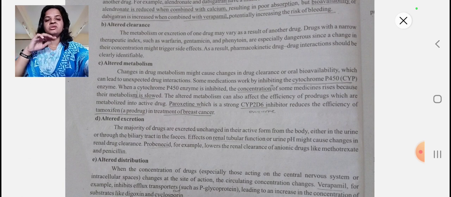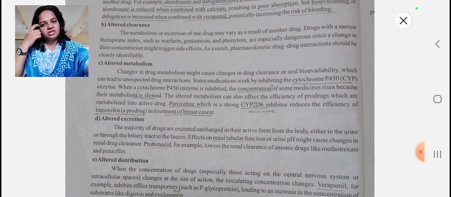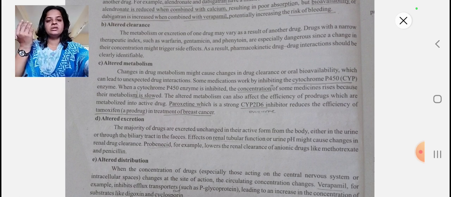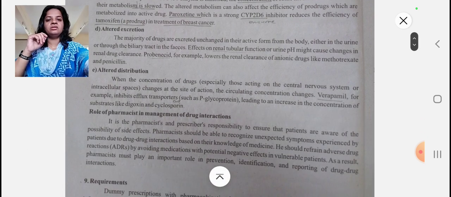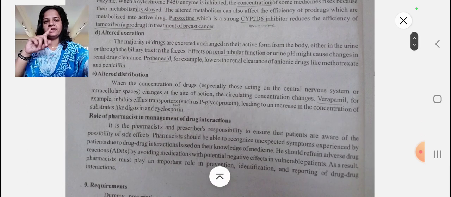When cytochrome P450 is inhibited, the concentration of some medicines rises because their metabolism becomes slow. This can also matter for prodrugs, which are metabolized into the active drug. That is altered metabolism.